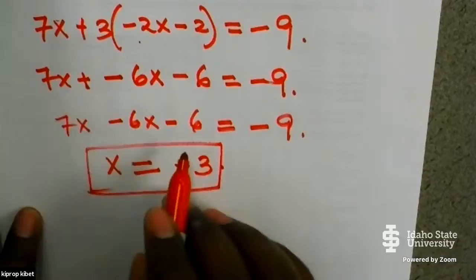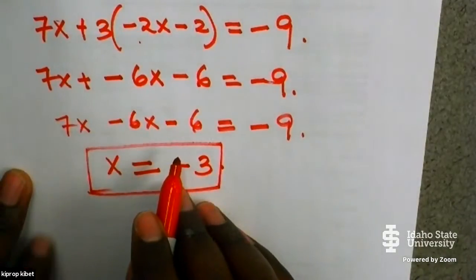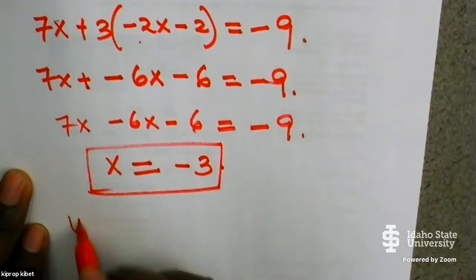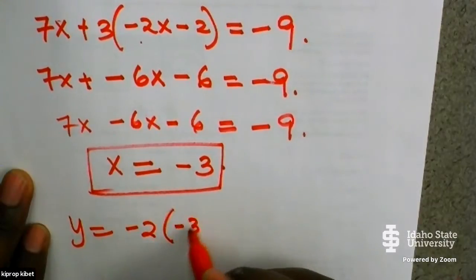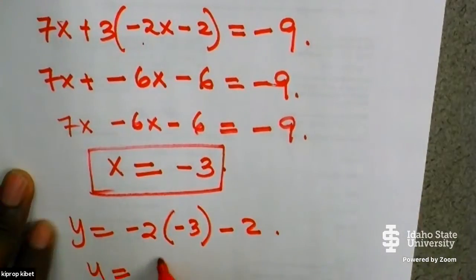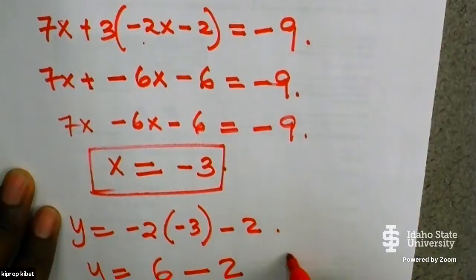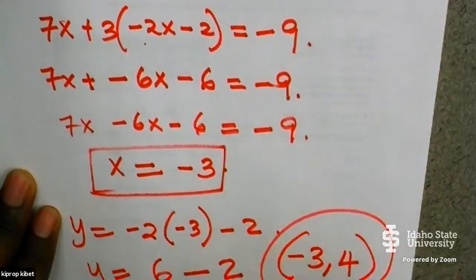Then you substitute the value of x in the first equation. You get y equals minus 2 times minus 3, minus 2. So y equals 6 minus 2, so y equals 4. So our solution is (minus 3, 4).